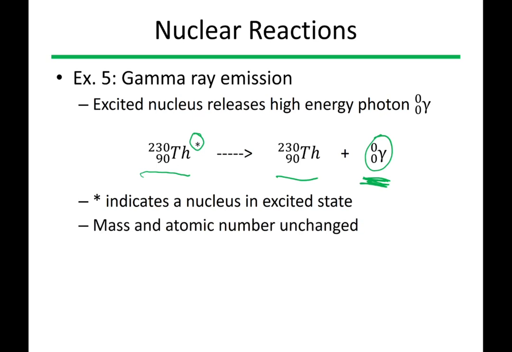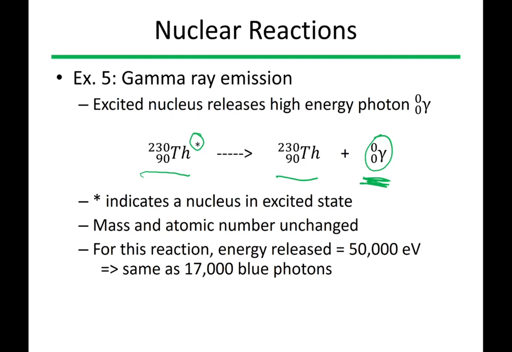Because all we're doing is changing the energy state, we're not going to change the mass number or the atomic number. For this particular reaction with thorium, it's just interesting to note that this releases 50,000 electron volts. So unlike some of the excited states that we've seen, the thorium that we get at the end of a nuclear reaction has so much energy that it would release the same amount of energy as almost 17,000 blue photons.